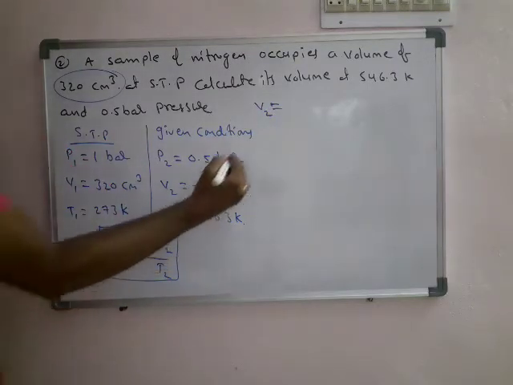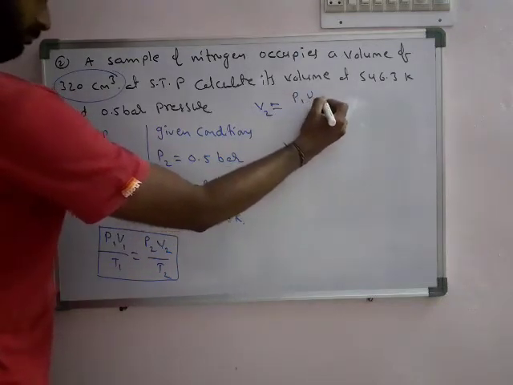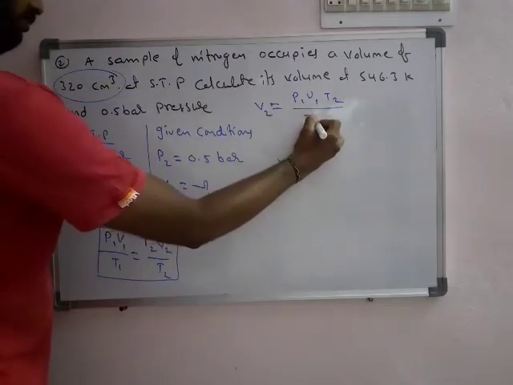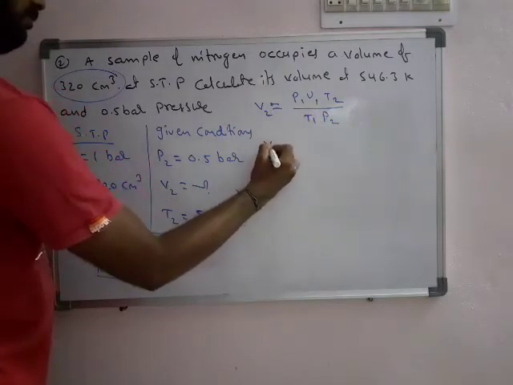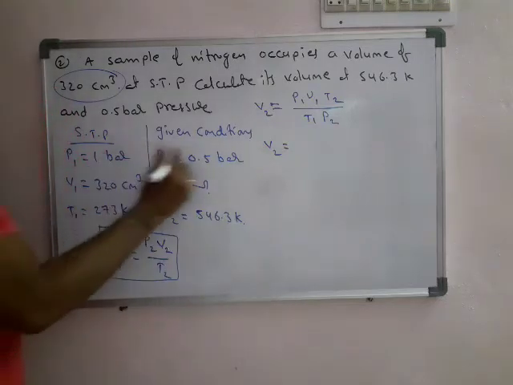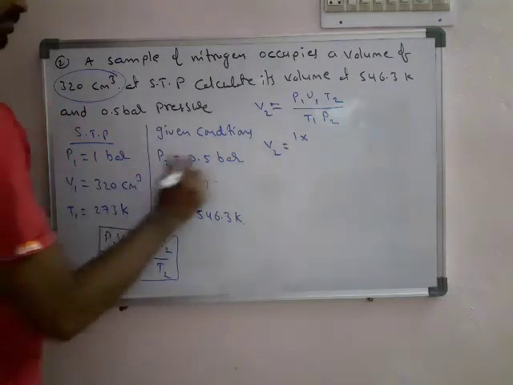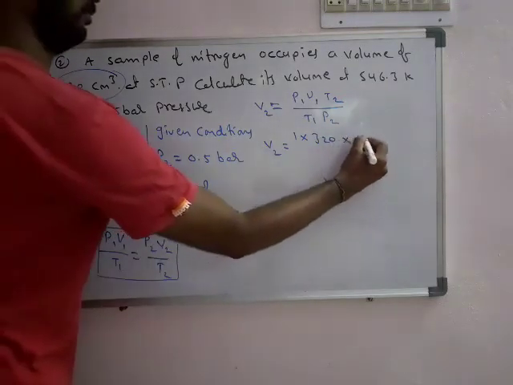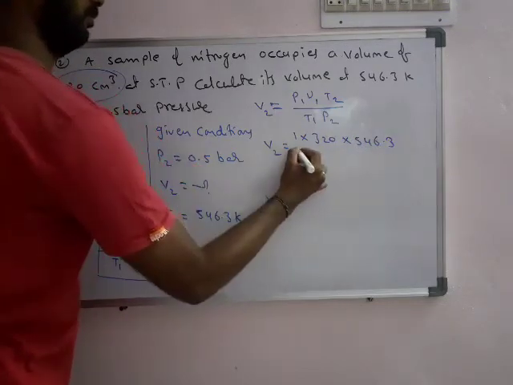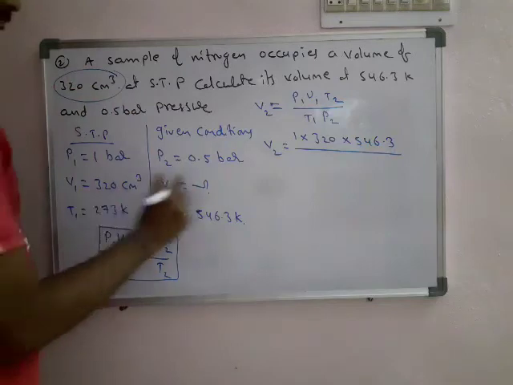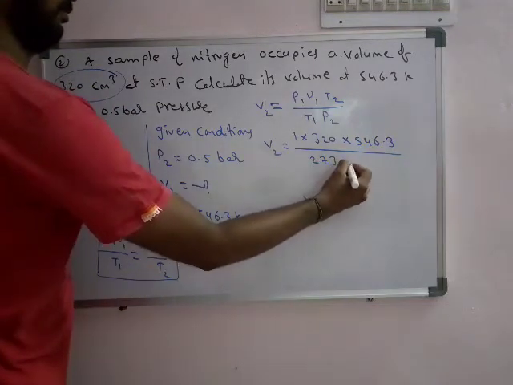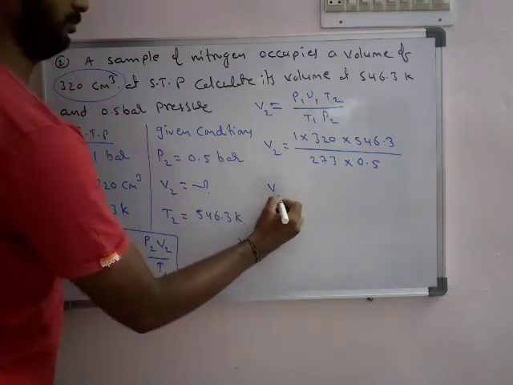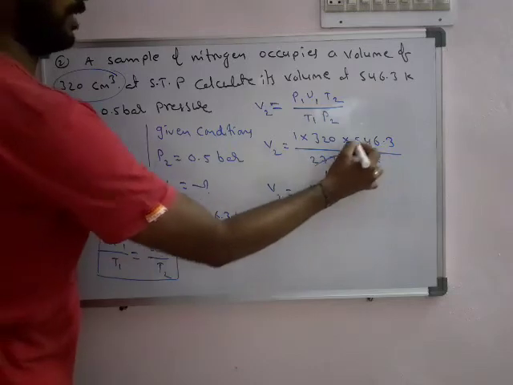So V2 is equal to, you can write, P1 V1 T2 by T1 P2. Here 273, here approximately we will cancel it.